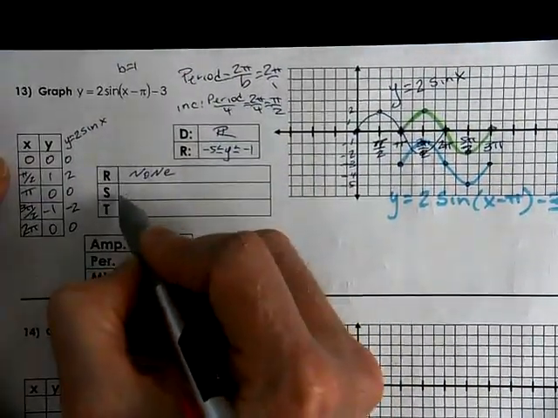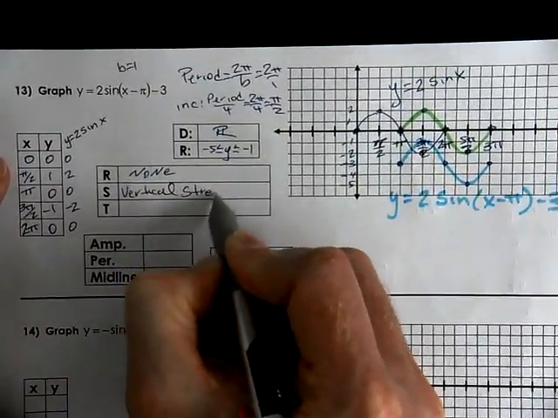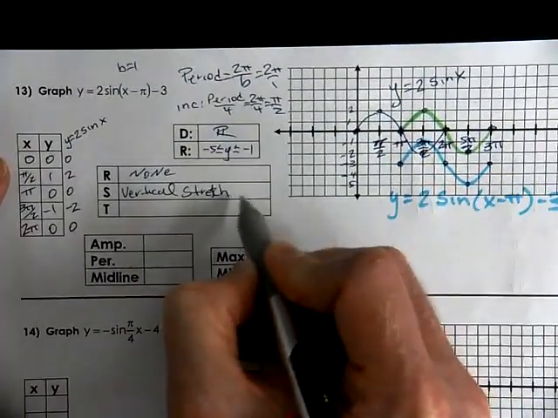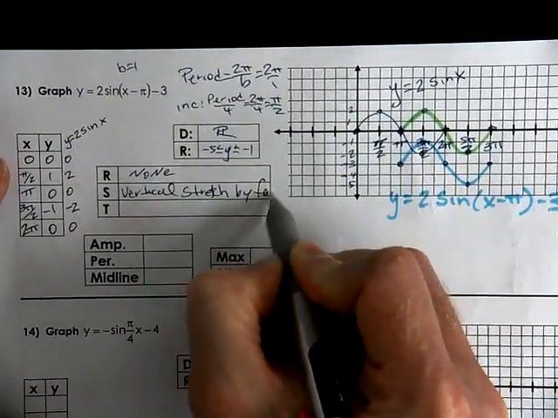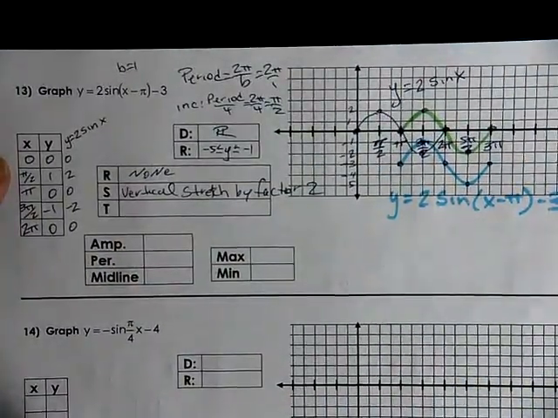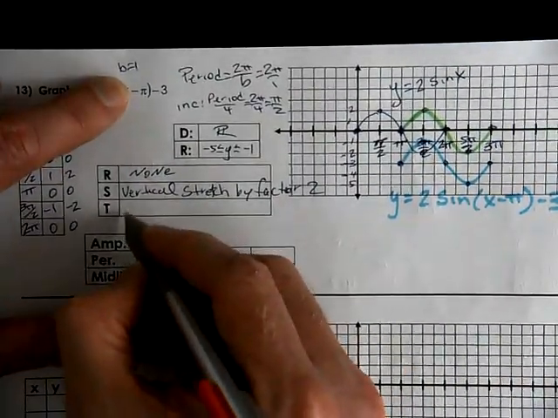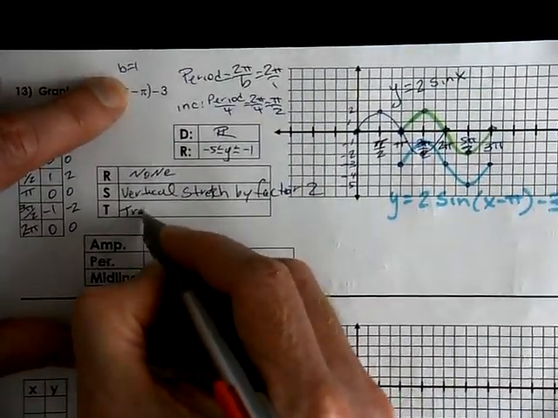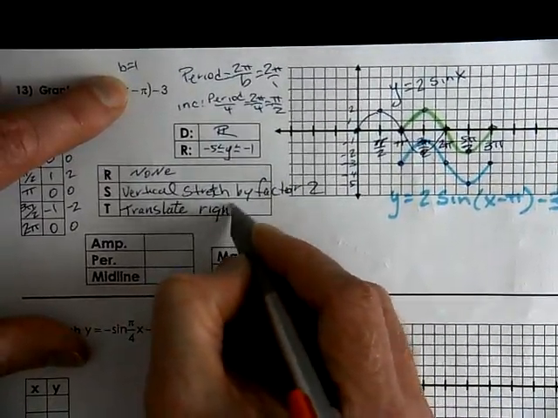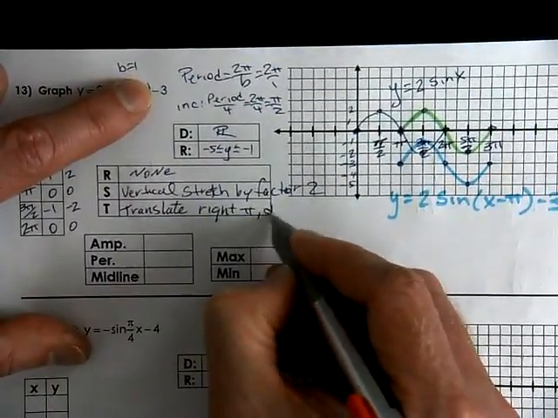We have a vertical stretch by factor of 2, and a translation right pi and down 3.